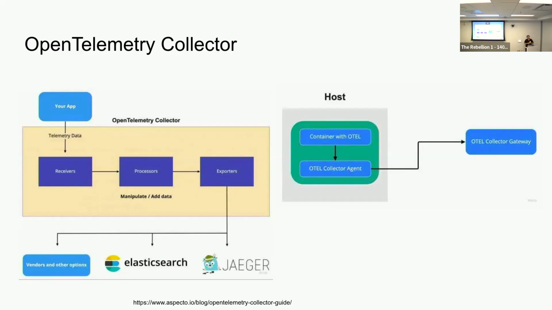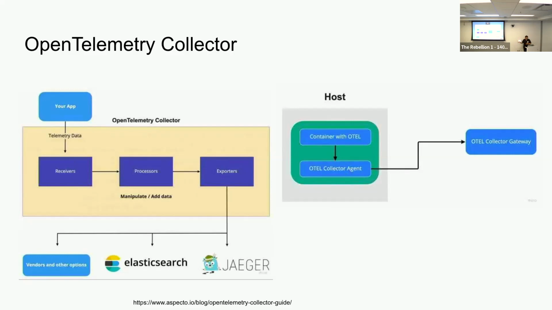On the right-hand side, it shows a little bit about where the collectors can be deployed. Often you deploy the collectors in your own cluster, and then have your application send the data directly to the collector. That's what they call the gateway method, setting up a huge cluster to just collect all the data.